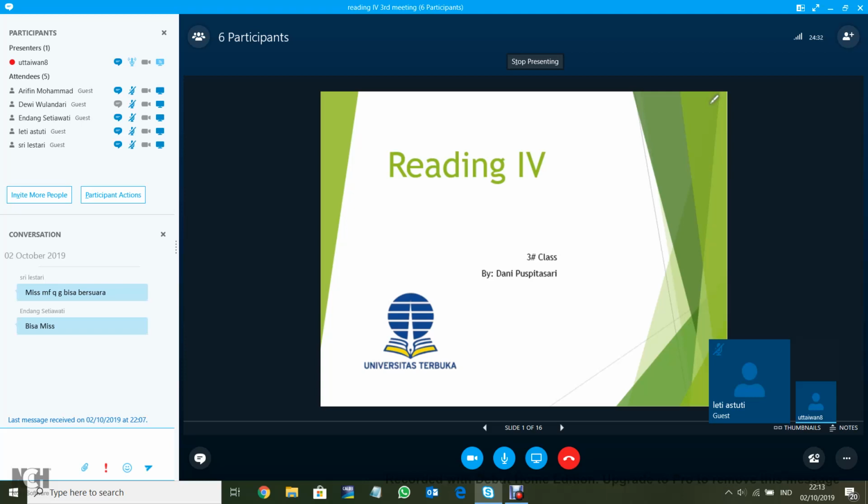Then he understands the problem. Dia mengetahui masalah itu. So, one verb can have different meanings. It depends on the context. That's why when you translate from English to Bahasa, you need to understand what the context is.